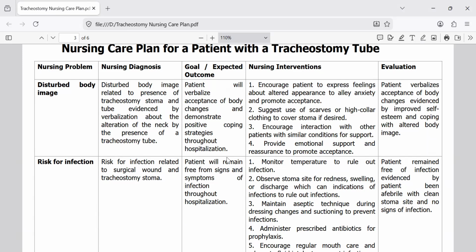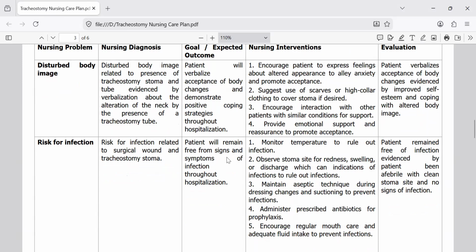Evaluation. Patient verbalizes acceptance of body changes evidenced by improved self-esteem and coping with altered body image. So that is how we are going to evaluate this patient.